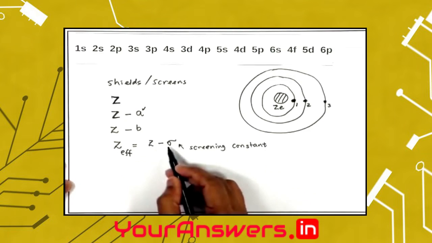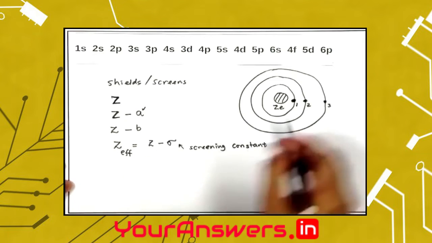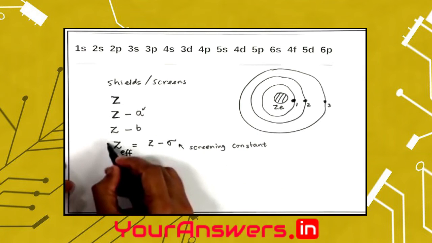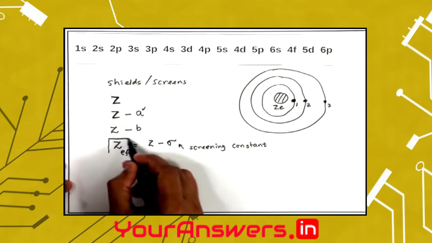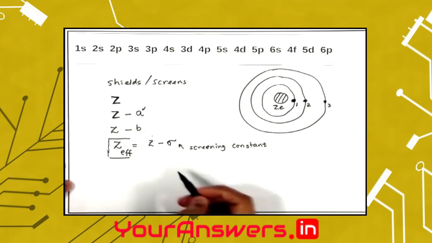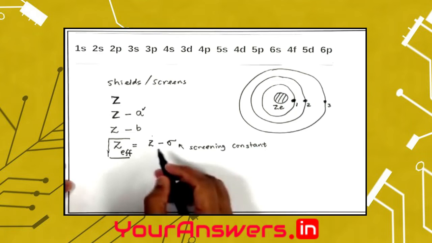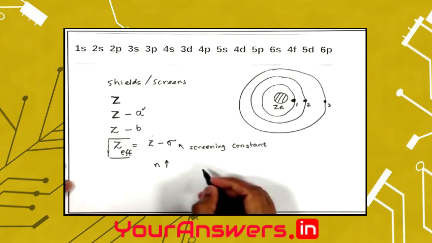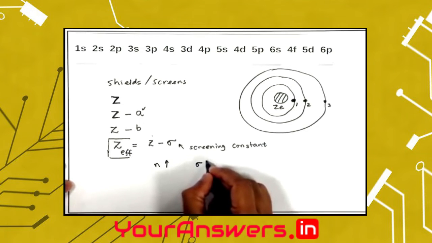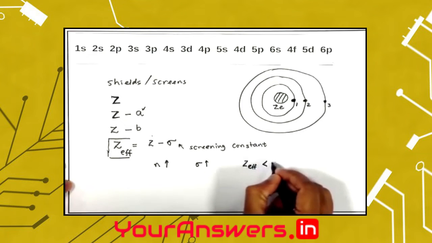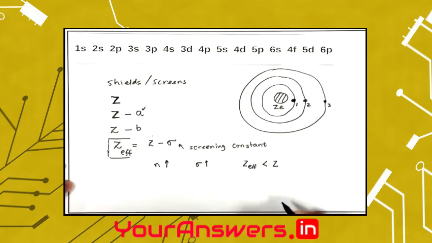The sigma tells how much this particular electron is screened from the nucleus, and that electron sees the nuclear charge not as Z, rather Z effective, which is less than Z. So you can see as n, the principal quantum number, increases, sigma increases, and then Z effective becomes smaller and smaller compared to Z.